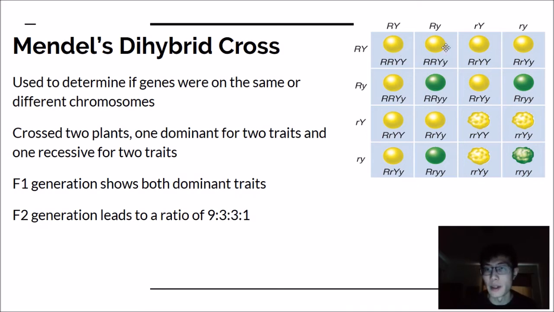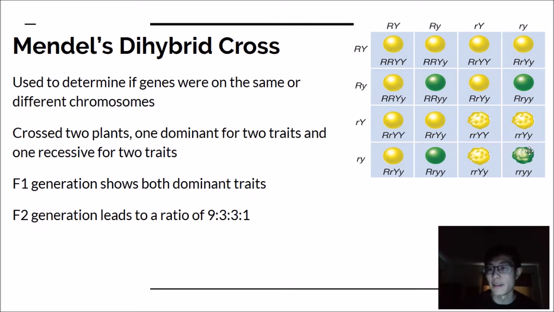So we have 1, 2, 3, 4, 5, 6, 7, 8, 9 of these smooth yellow ones, or these rounded yellow ones. And we have 1, 2, 3 of these ones that are green and fairly smooth looking. And then we have 1, 2, 3 here that are yellow and kind of rough looking.